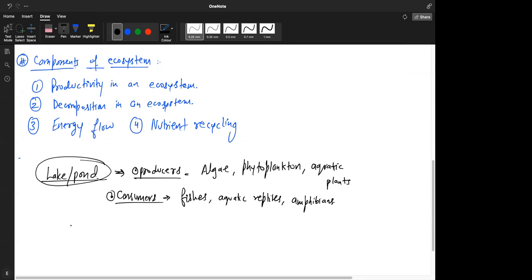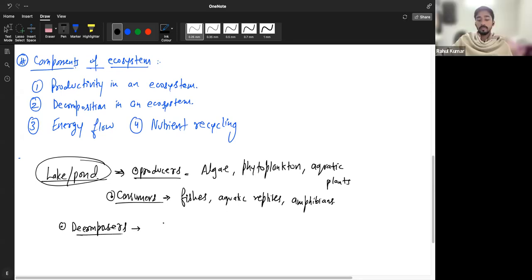Yes, sir. Who are the decomposers? Small bacteria. Yes, it could be heterotrophic bacteria, right? It could also be fungi, right? Fungi is a good decomposer.